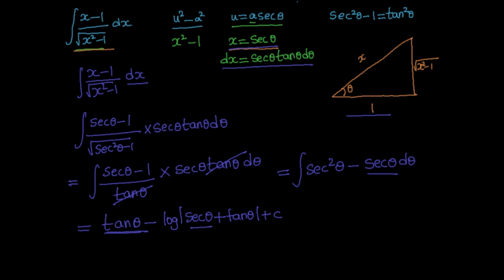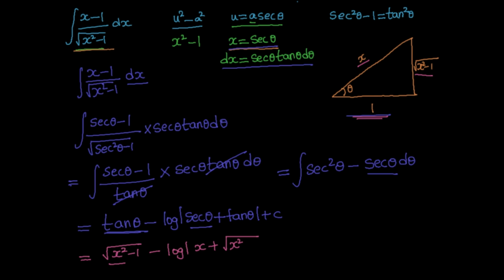So from the reference triangle you have tan theta, which is opposite by adjacent. You get tan theta is equal to root of x square minus 1, minus log mod secant theta, which is hypotenuse by adjacent, which will be equal to x, plus we already found what is tan theta, so you can directly write it here.